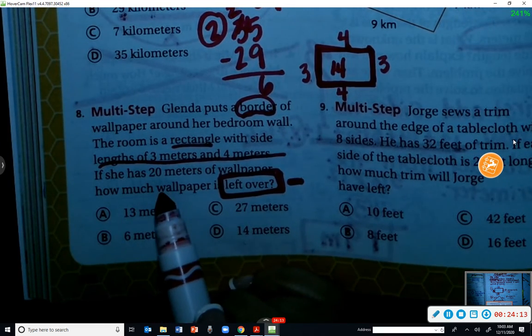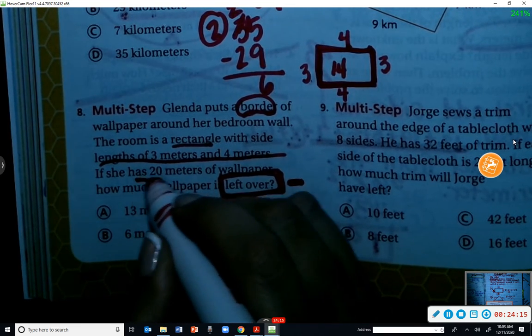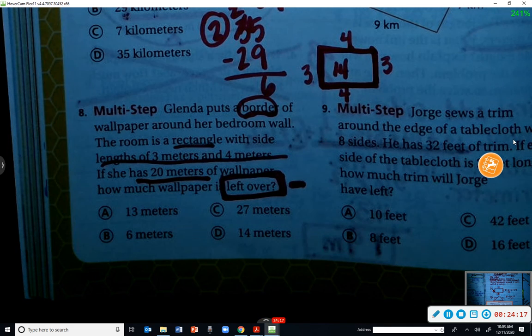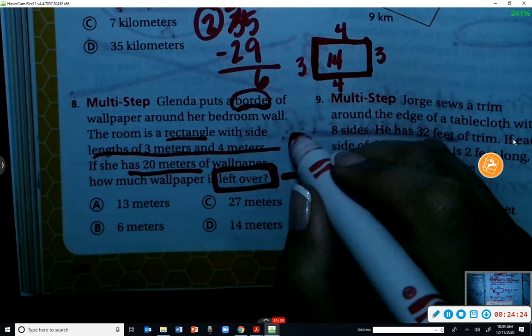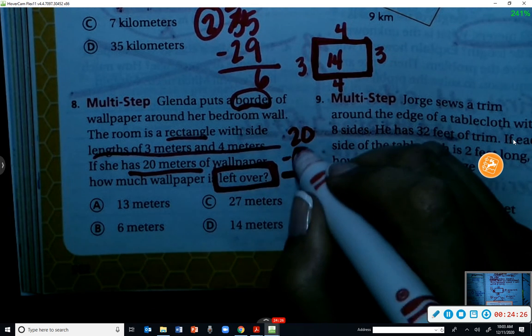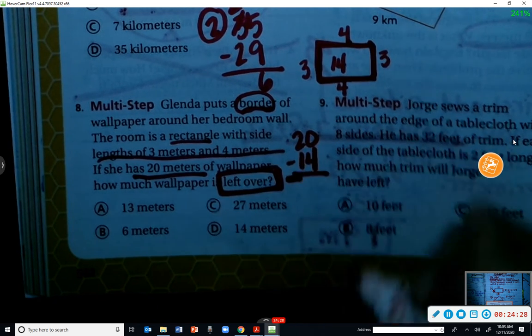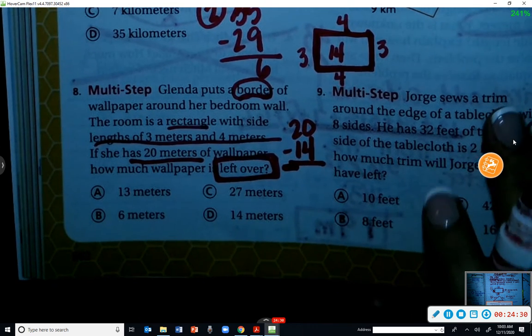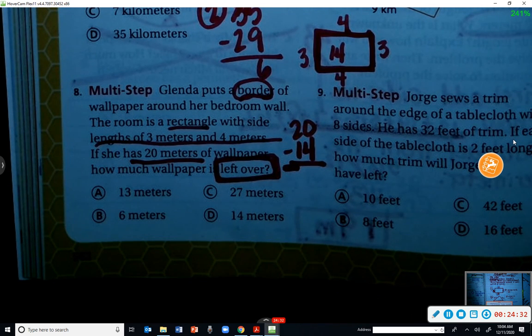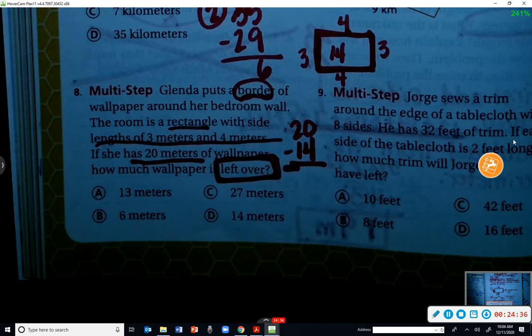If she has 20 meters of wallpaper, how much wallpaper is left over? So what do I do next? Good. I'm going to subtract the 20 minus the 14. What should that give me? 20 minus 14.